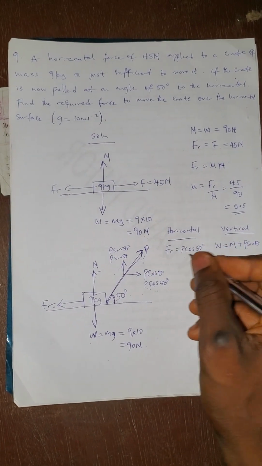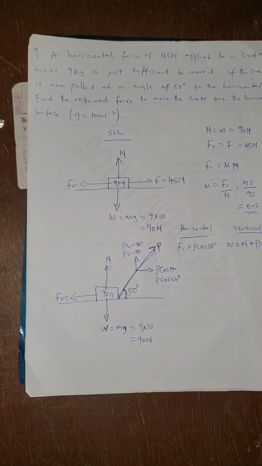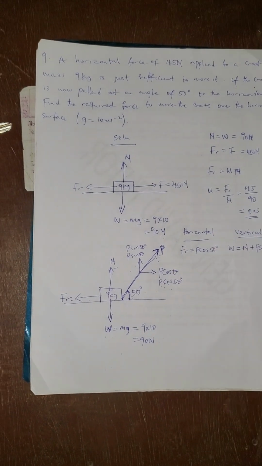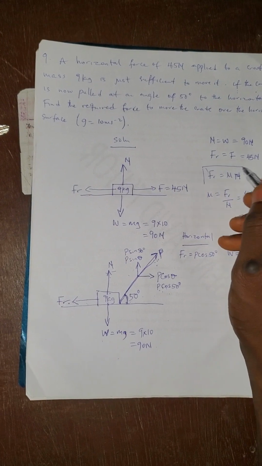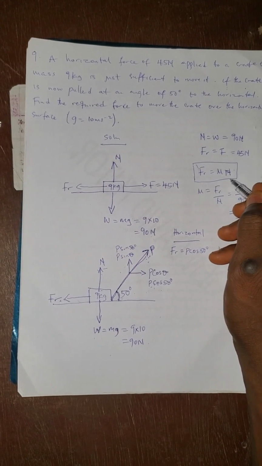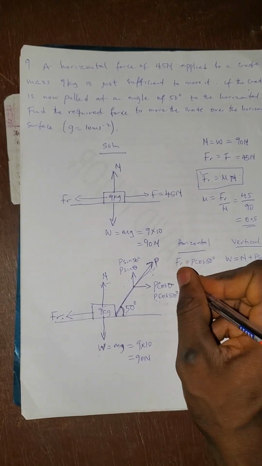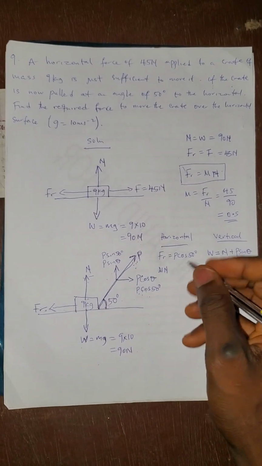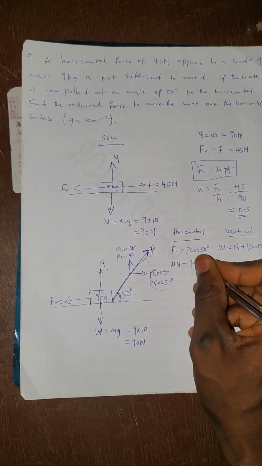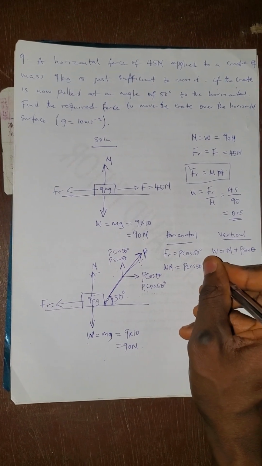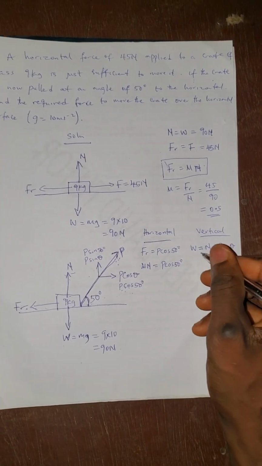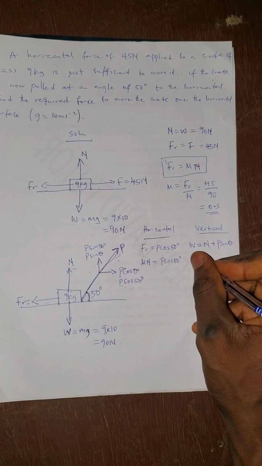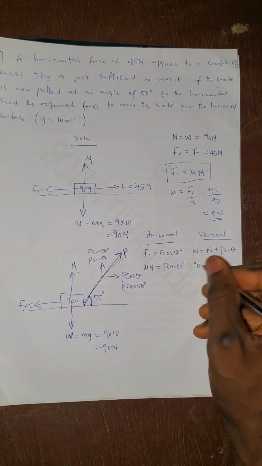Now let's proceed. The F_R here, don't forget that F_R is equal to what? F_R is equal to mu multiplied by the normal reaction. So we have the coefficient of friction multiplied by the normal reaction to be equal to P cos 50 degrees. And here we have the weight. We have the value for the weight already, and weight is 90.